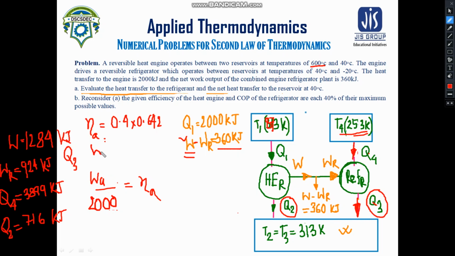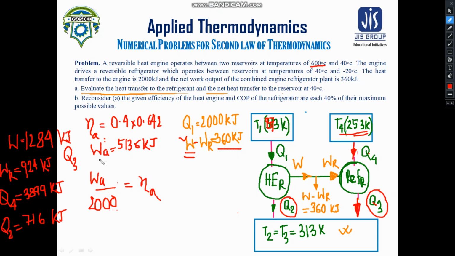So this WA can be calculated by multiplying 0.4 into 0.642 into 2000, and you will find the value becomes 513.6 kilojoules.